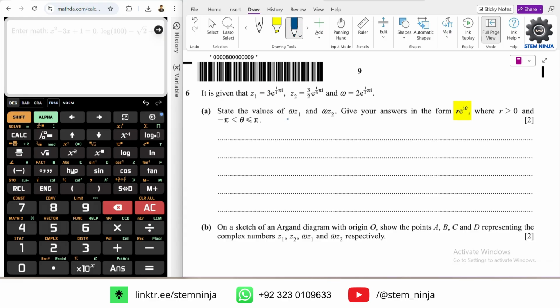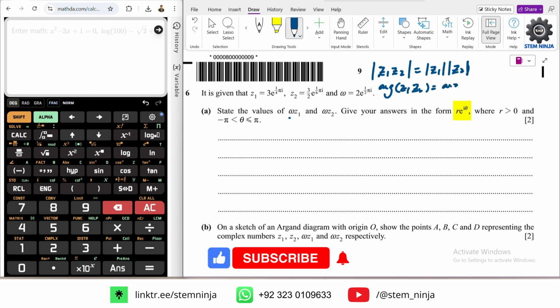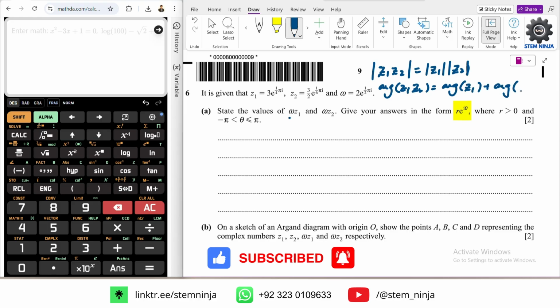Right. Okay. So whenever we are multiplying two complex numbers, the magnitude of the product is the product of the magnitudes, right? And the argument of the product is the sum of the arguments of the individual complex numbers. So that's what we just simply need to do.